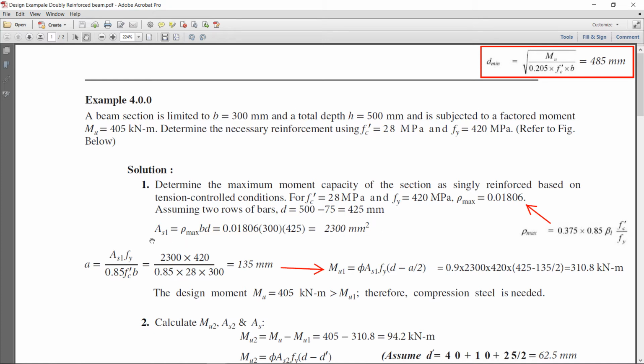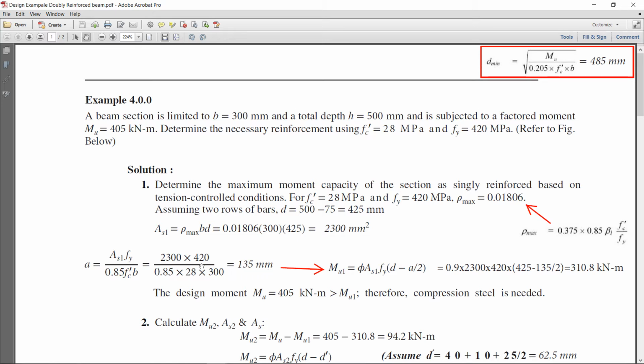Now, depending upon this As1 from the tension controlled conditions, a equals As1 fy divided by 0.85 fc prime b, since in tension control the steel yields. Here I got the value of a as 135 millimeter.